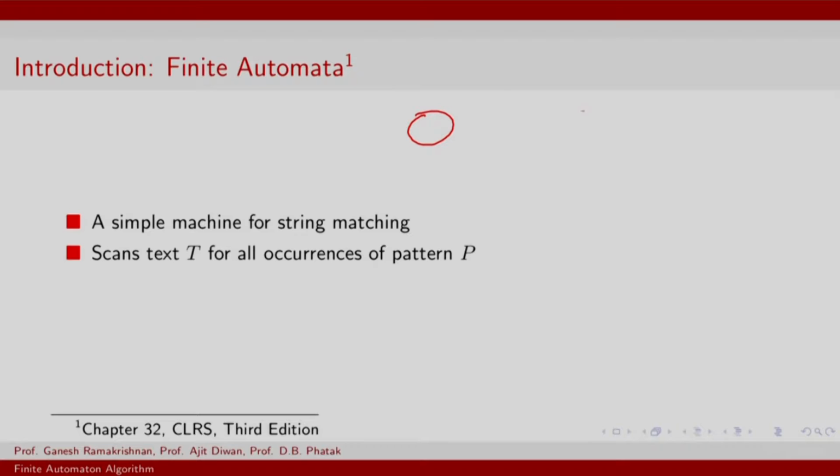So this is how a finite state automaton looks. You have state S1, state S2. On seeing a symbol A1 from an alphabet sigma, you might make a transition to S2. However, on seeing another symbol A2 from sigma, you might make a transition to S3.